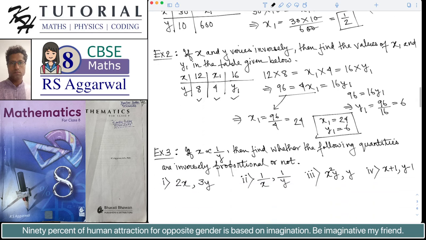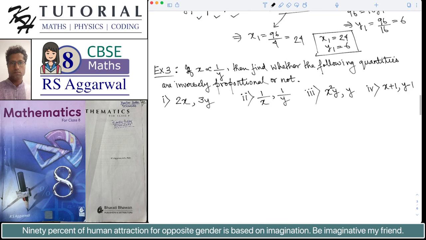Okay. Let's do problem number 3. Now, this is a little conceptual problem. It is given that x varies inversely with y. This means that the quantities x and y are varying inversely with each other. Then find whether the following quantities are inversely proportional or not. We have four parts.